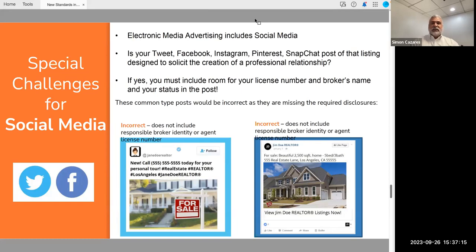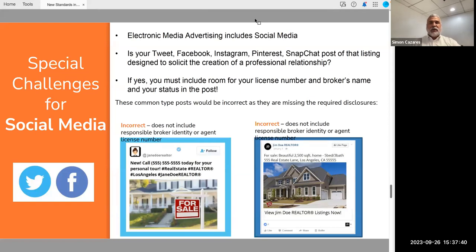It only says they're real estate, but it doesn't say what company and what their license number is. In order for you to be in compliance, you have to have something on this marketing campaign that shows you're licensed DRE and Keller Williams. Even though this is not your listing, you still have to promote it as a licensed agent.